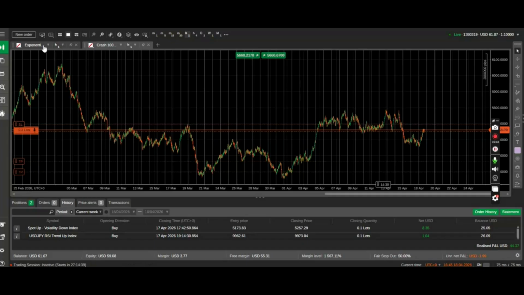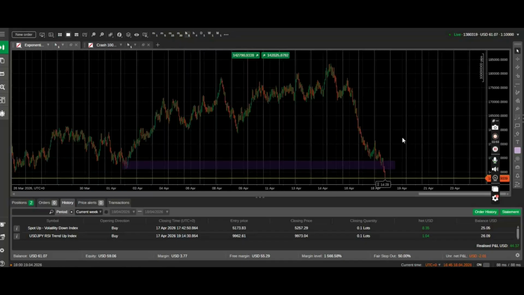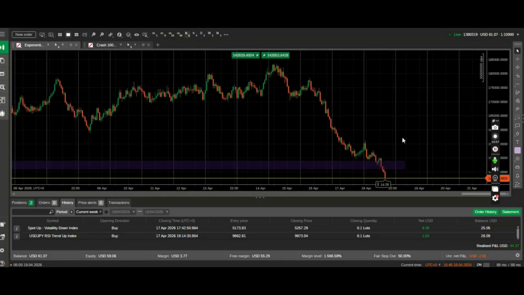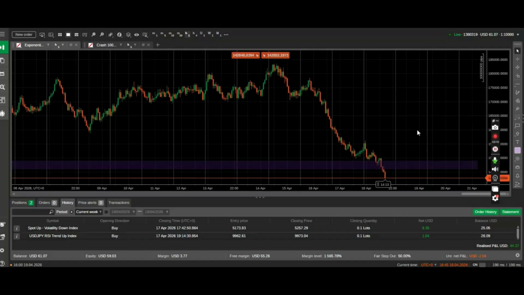I'm also watching, so this is on the crash 1000 index. I'm using Deriv broker, so I'm trading these synthetics. So I'm watching this other chart, exponential growth index too. So I'm looking for a reversal pattern. You can see I've noticed an important level here which I've marked.